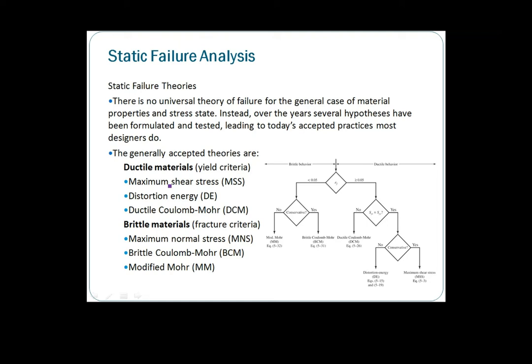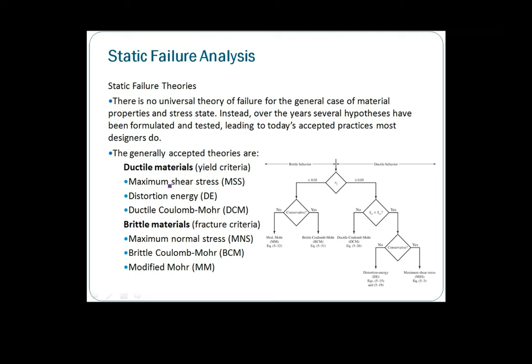Two categories, because a lot of the time with brittle material you have the strengths, but you don't have a yield strength. Brittle material goes straight to ultimate or tensile strength. A lot of the time, their ultimate strength in tension and ultimate strength in compression are different, right?